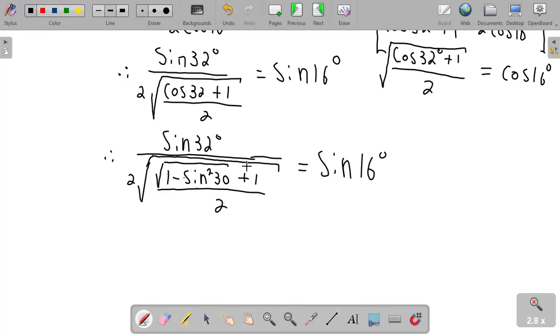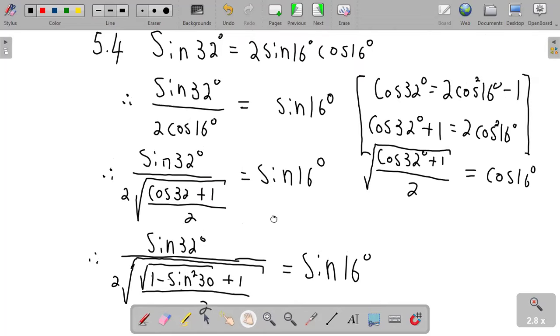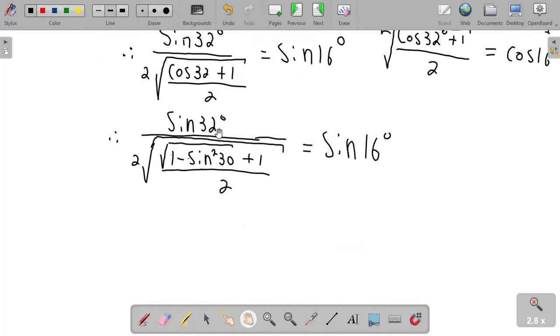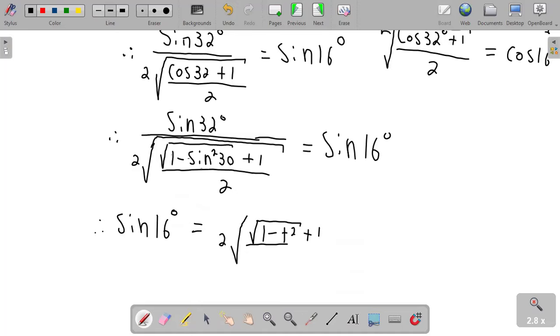Okay, so now this gives us, then we can substitute, then we can say therefore sine 16 degrees equals 2, and then 1 minus t squared plus 1 all over 2, and then t on top.